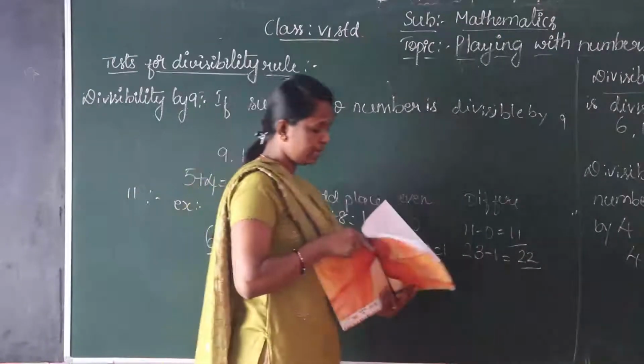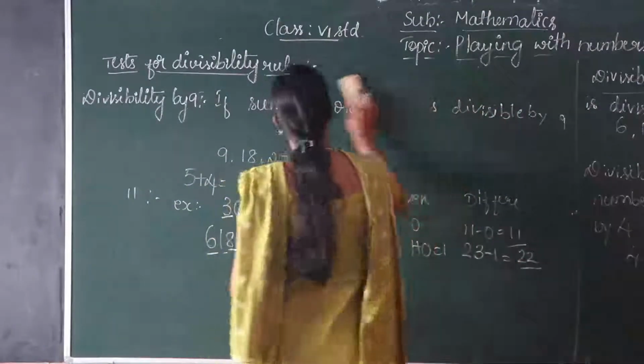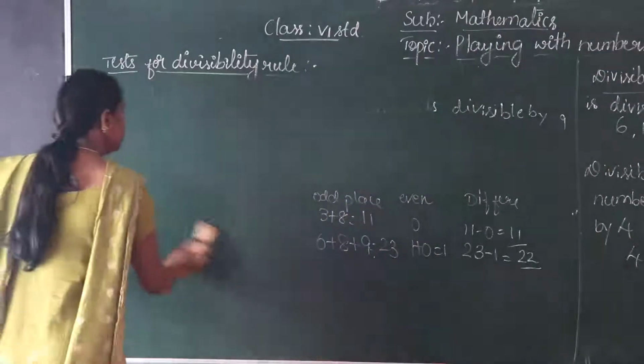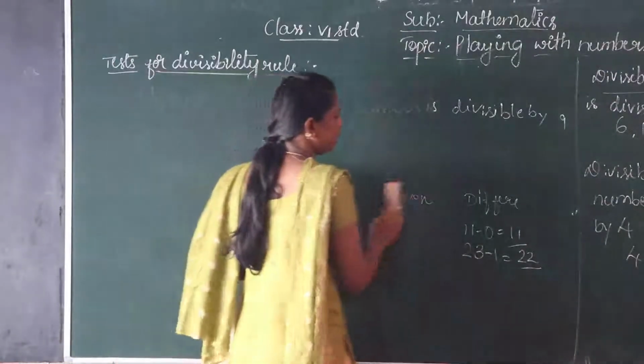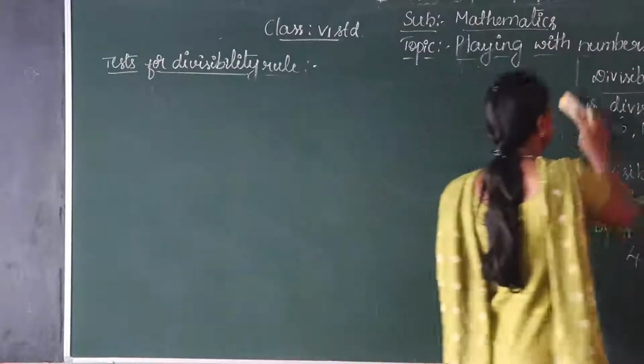Okay. Here are some sums, so we can solve whether a number is divisible by 6, or it may be 3 or 2, whatever it may be. So open exercise number 3.3.